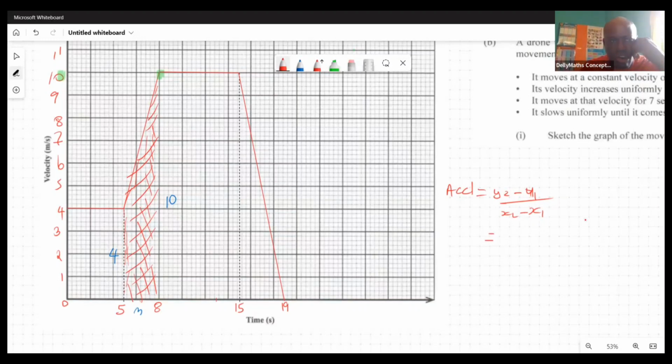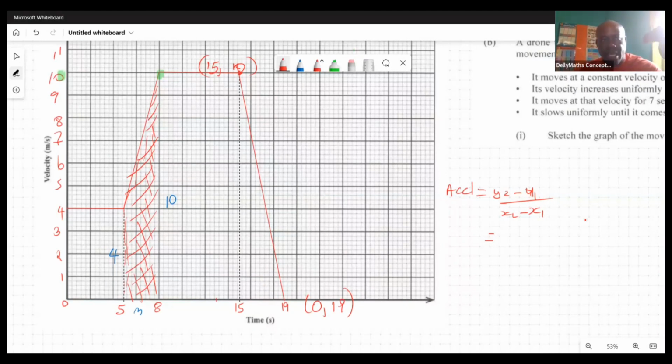So you're coming from 15, 10, a coordinate that's 15 on the x with 10, and we're going all the way down to 0, 19.